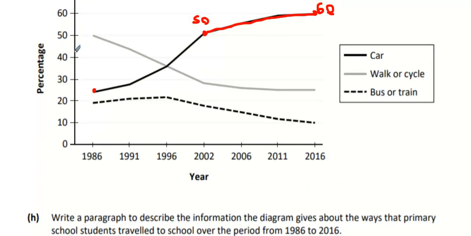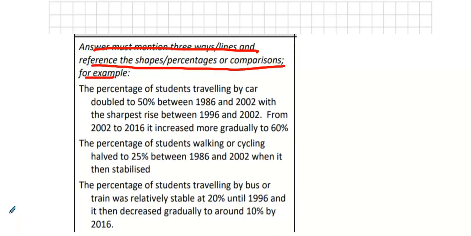So walking or cycling used to be 50 something percent. Now it's just below 30, so about 27%. So it roughly halved, didn't exactly halve, between 1986 and 2002. And it's stabilized, but it's undergone a gradual decline as the years have gone on.